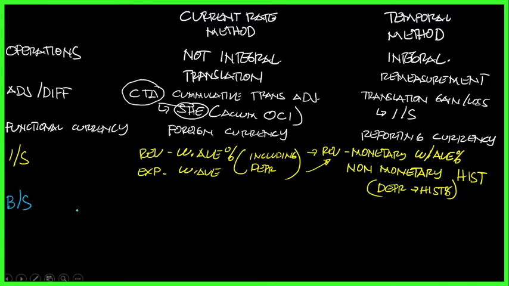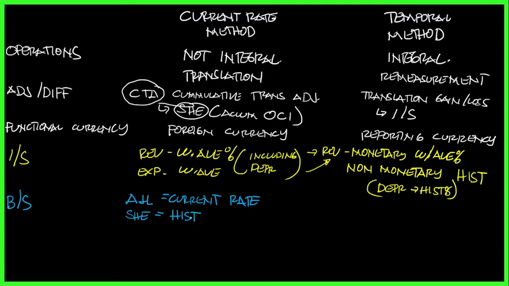Okay, dito naman tayo sa balance sheet items. For balance sheet items, under the current rate method, assets and liabilities will be translated using the current rate. Stockholders' equity items will be translated using the historical rate. Yan.